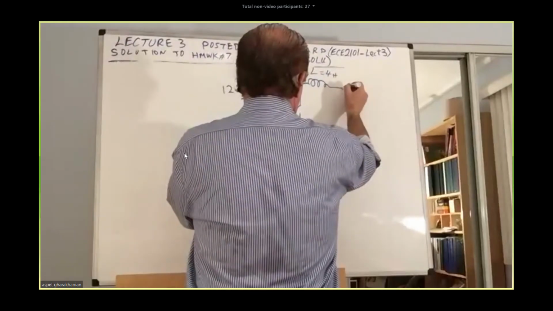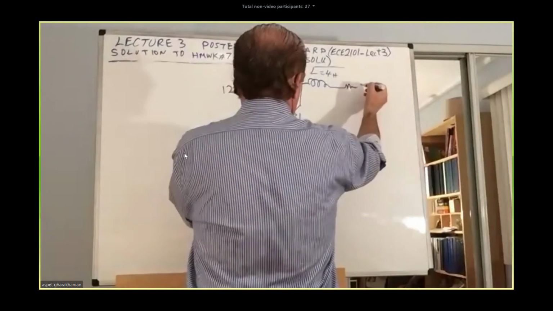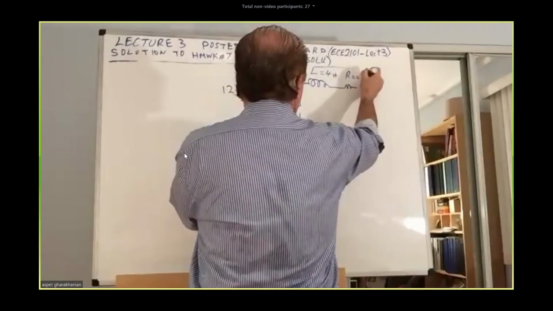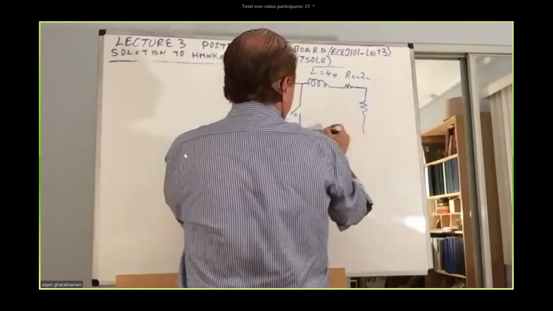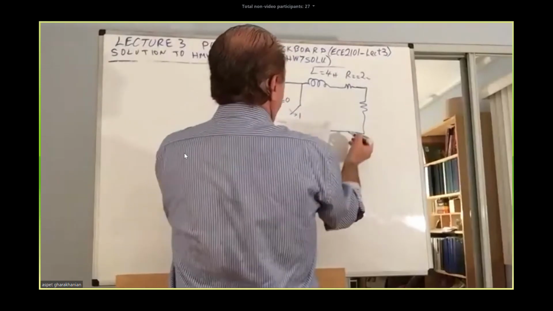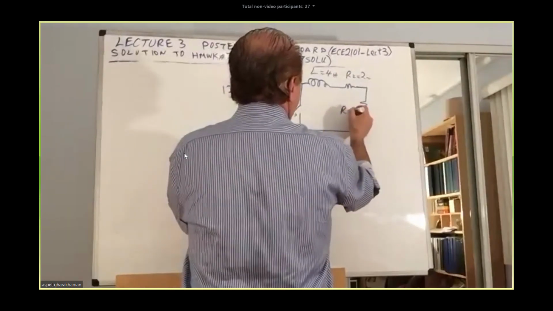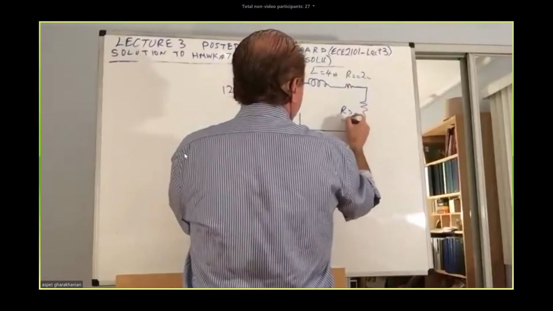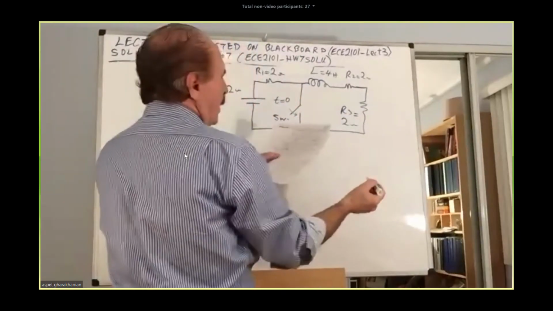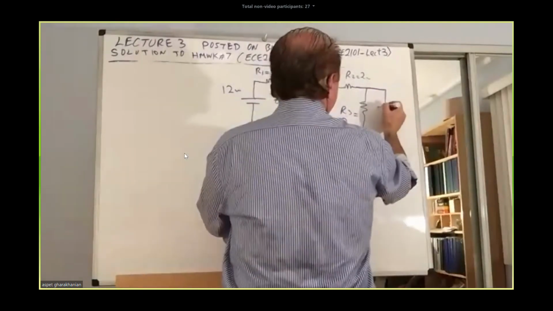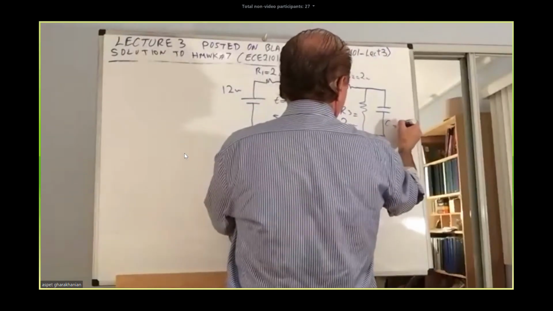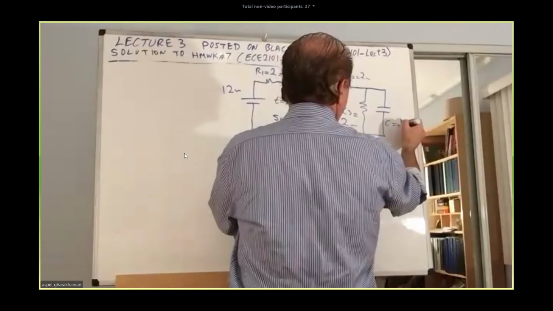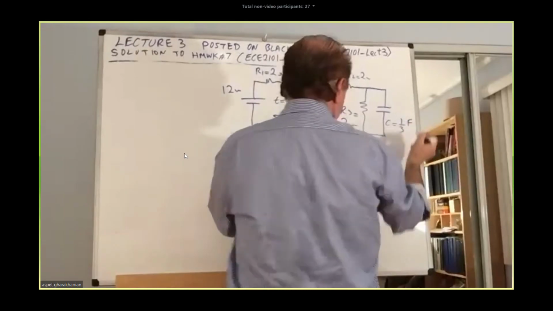You have a resistor following that, R2 equal to 2 ohm. Another resistor here, R3 equal to 2 ohm, and the capacitor C equal to 1/3 of a farad.